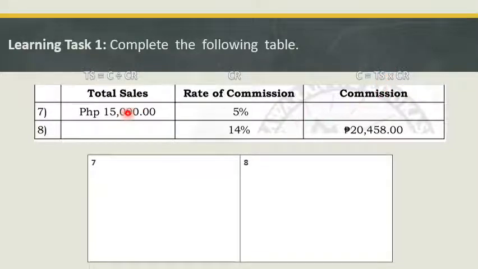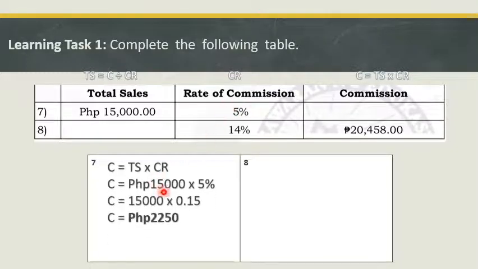TS times CR. So, multiply lang natin yung 15,000 sa 5%. Convert natin 5% into decimal, magiging 0.05. So, 15,000 times 0.05. Ang magiging answer natin, ang commission is 750 pesos.